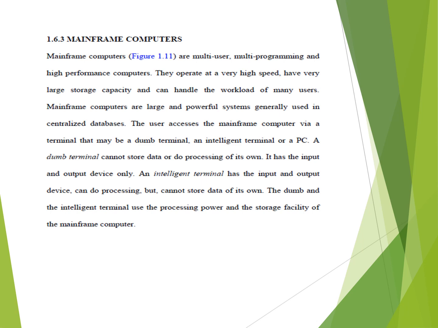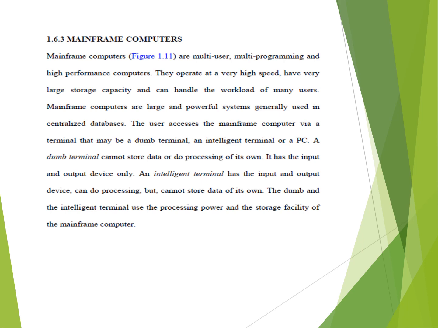Mainframe computers are multi-user, multi-programming, and high-performance computers. They operate at a very high speed, have very large storage capacity, and can handle the workload of many users. They are large and powerful systems generally used in centralized databases.